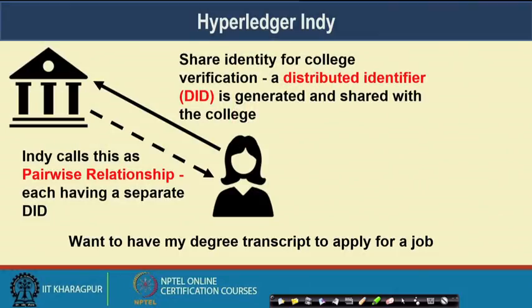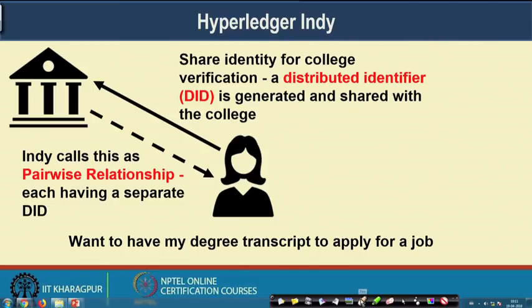So, once this DID is verified, it verifies the identity of Alice, and then the college can establish a connection with Alice and share the transcript with her. Now, this connection establishment with the help of a DID or a distributed identifier in Indy is called a pairwise relationship.